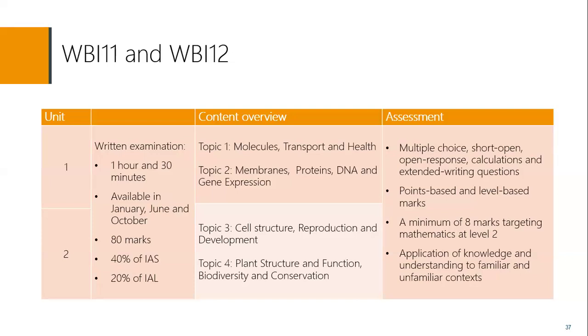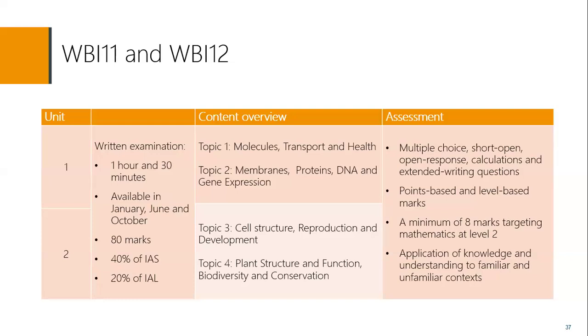So you've got an overview of the content there: transport and health and membranes, proteins and DNA in Unit 1; cell structure, reproduction and development, and plant structure and function, biodiversity and conservation in Unit 2. In the exam papers, the assessment will consist of a combination of multiple choice, short, open response, calculations, and extended writing questions. There will be points-based and level-based marks.